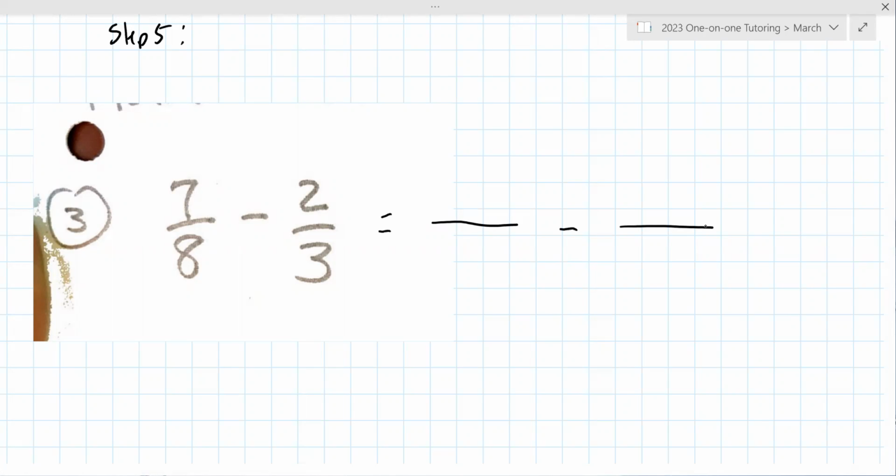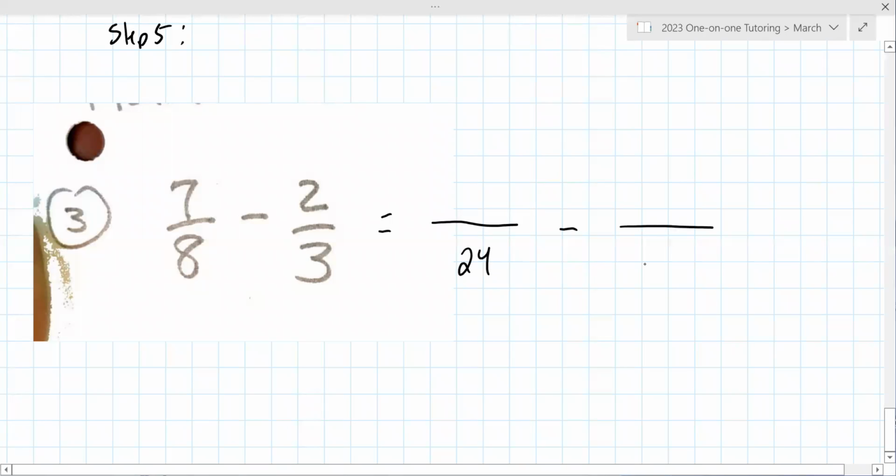No, it doesn't. So you check by the LCM, least common multiple. So nothing works, so you're just gonna have to do 3 times 8. Yep. 24. Unfortunately.